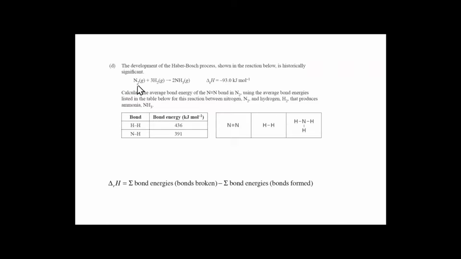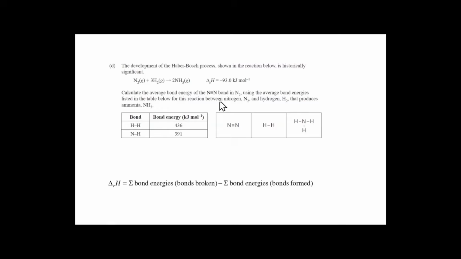So we're told that N2 nitrogen gas plus 3 H2 hydrogen gas is combined with 2 NH3 gas, and the enthalpy of reaction is negative 93 kilojoules per mole, so it's an exothermic reaction.